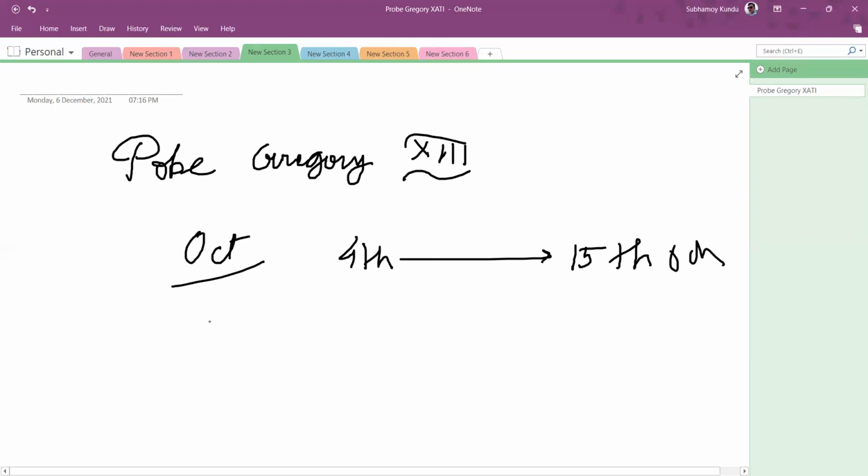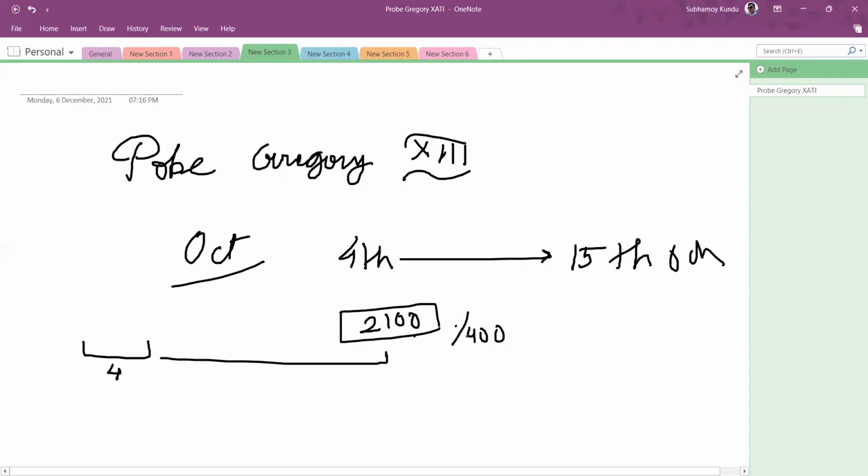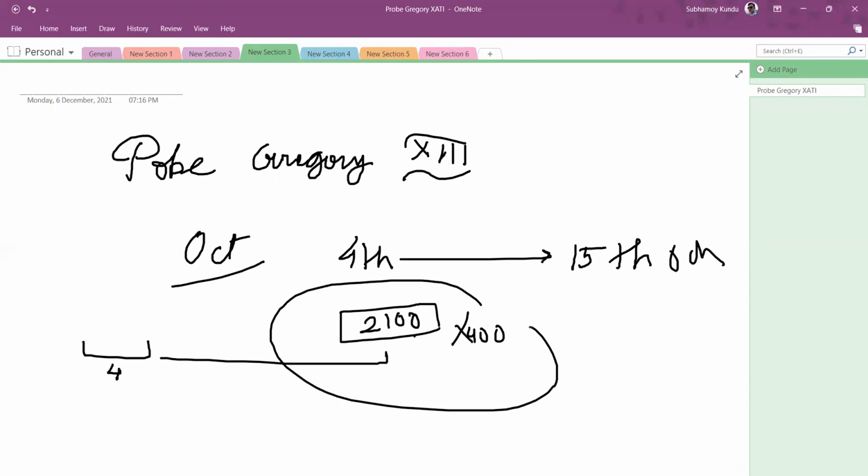He also made it happen this way: for every 4-year gap, if the year is a century, like 2100, and it is not divisible by 400, then it will not be a leap year. This idea was invented by a German mathematician, Christopher Clavius, to rectify this error.